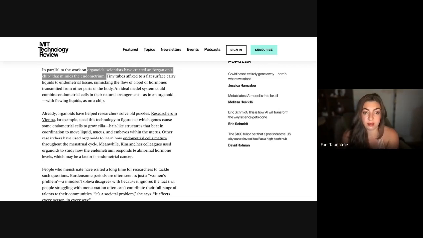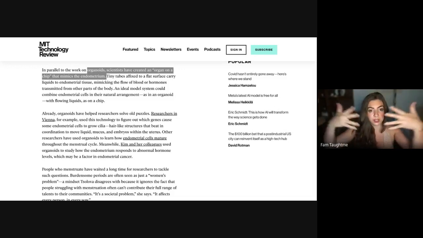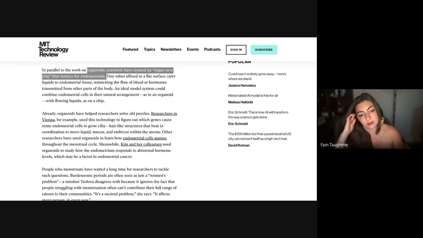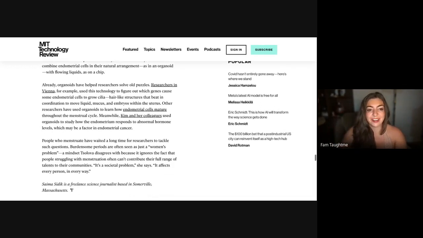An ideal model system could combine endometrial cells in their natural arrangement as in an organoid with flowing liquids on a chip. And if you look this up, it literally looks like a microchip with some tubes on the end, where they're going to be feeding various substances into the endometrial tissue.